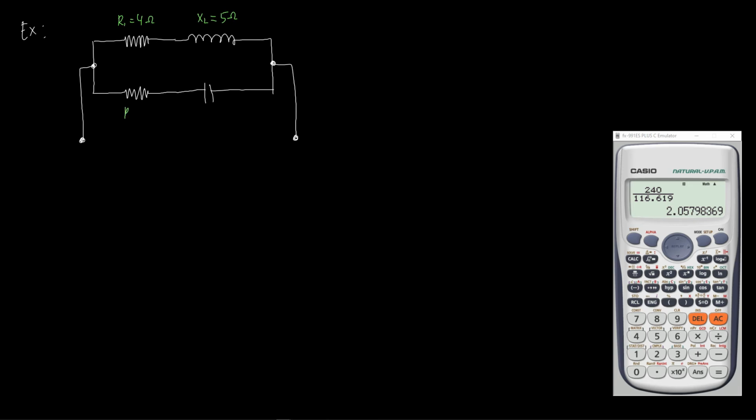The other branch has a resistance of 3 ohms and XC of 2 ohms. The supply is 240 volts, 50 hertz, with current I.